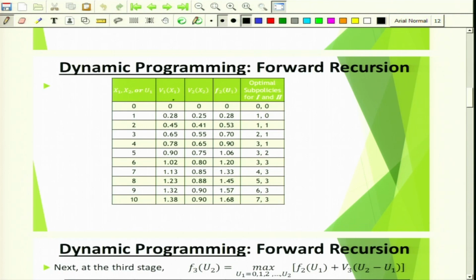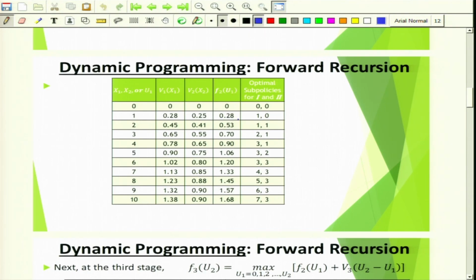The profit one gets is v1 of x1 by investing at x1 and v2 of x2 by investing at x2, and f2 of u1 is the maximum of v1 of x1 or v2 of x2, right? Then we will see if the investment is 0, then you will get 0. If let's say the investment is 1 unit, then v1 of x1 is 0.28 and v2 of x2 is 0.25, right?